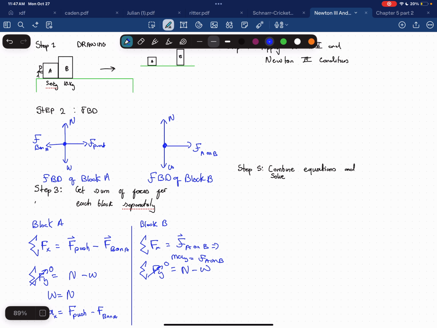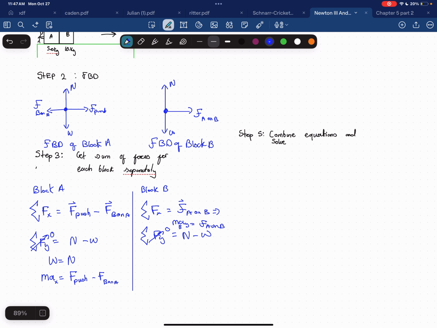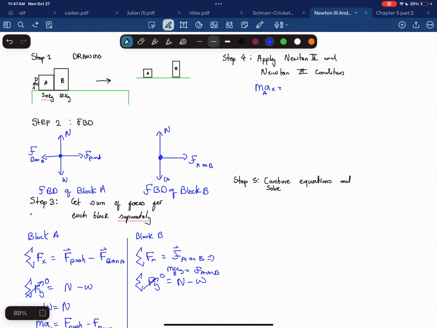So I got m_A a is equal to, and this is mass A. Just to be clear, that's mass A and mass B, the box mass A. Then we got mass B is equal to, let's see. Oh, I'm only comparing the x direction.